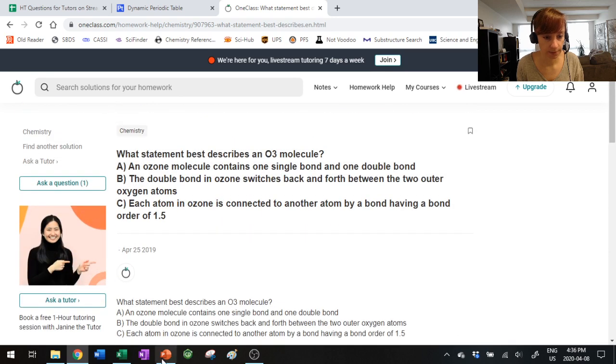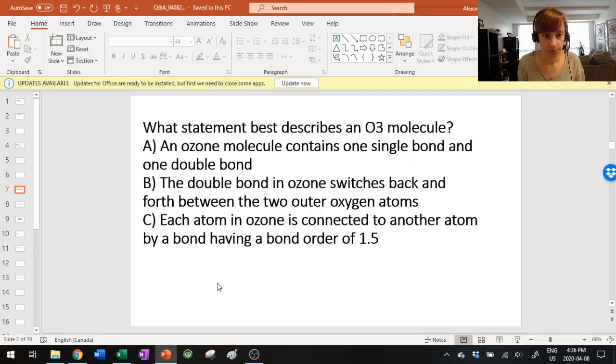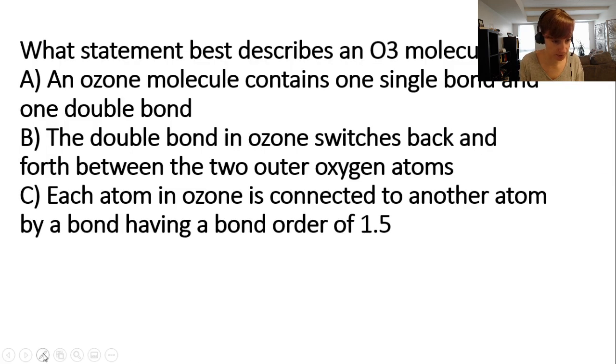Okay. So you need to know what ozone looks like to be able to answer all of these questions. So here at the bottom, I will draw out ozone. So ozone is O3.